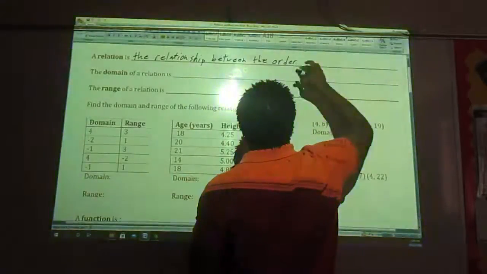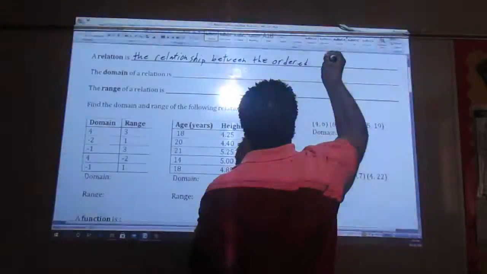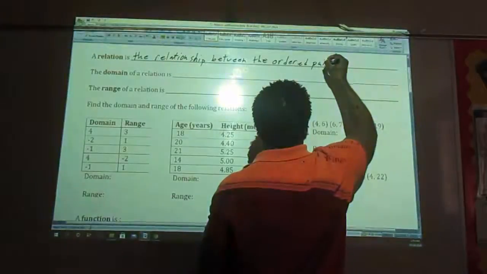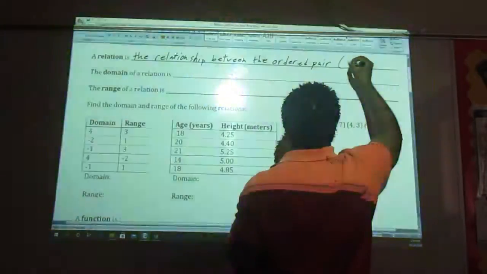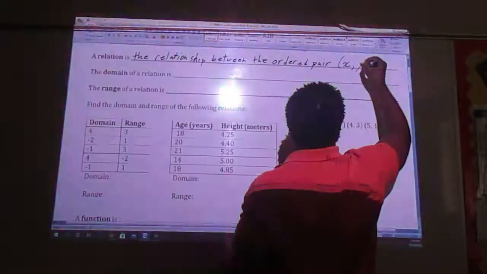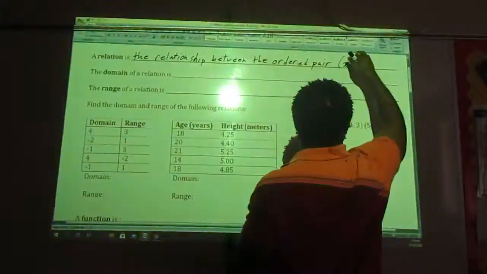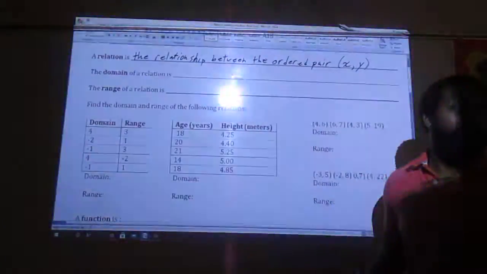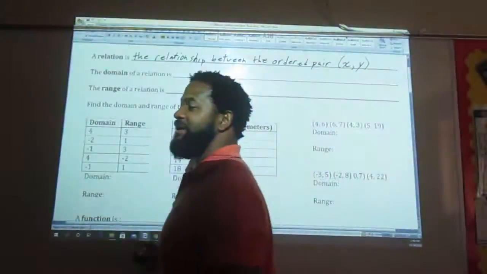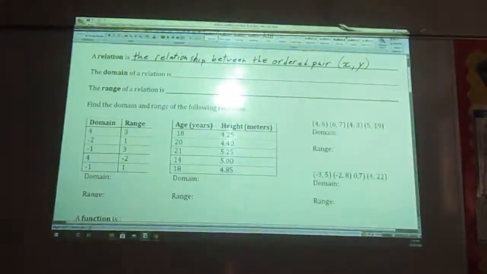Ah, I spelled ordered wrong. Good job. Ordered pair, which is your X and Y. Okay? The relationship between your ordered pair, alright, which is your X and Y.